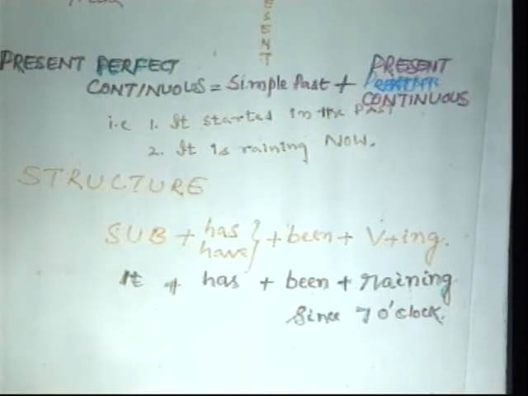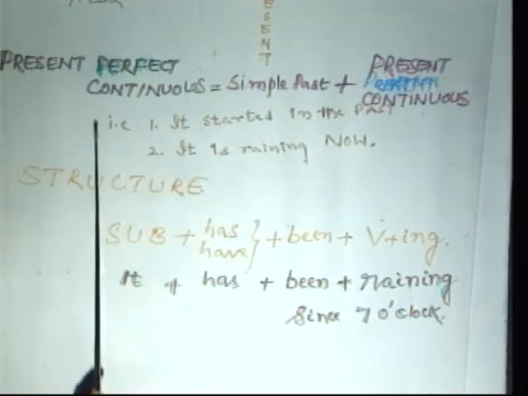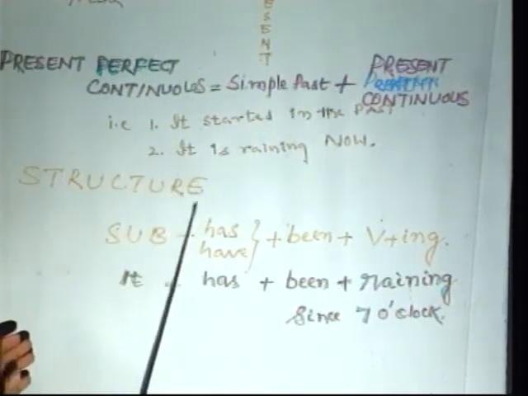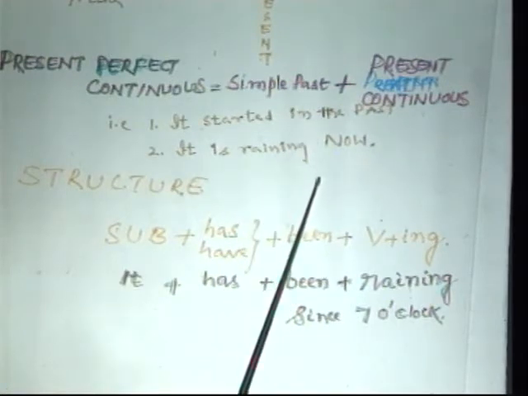Since you are technical students, you can understand the above diagram in the form of an equation. Present perfect continuous tense is equal to simple past and present continuous. So the activity which started in the past is past tense, plus the activity which is going on at the moment of speaking is present continuous.